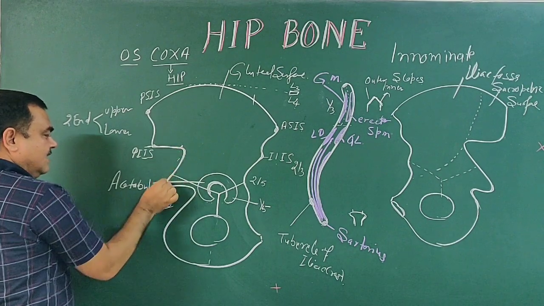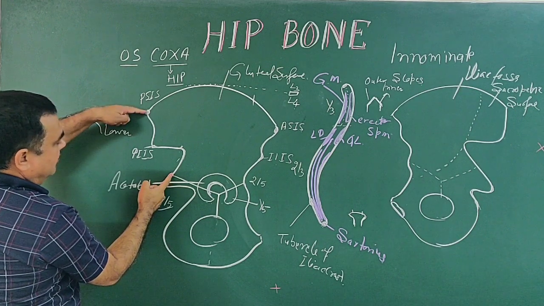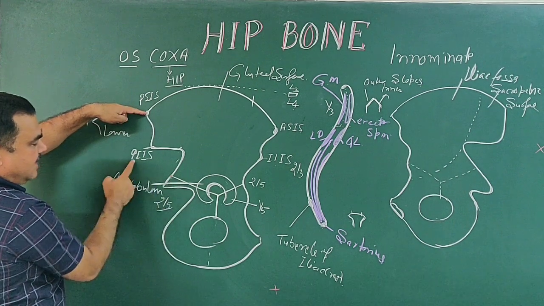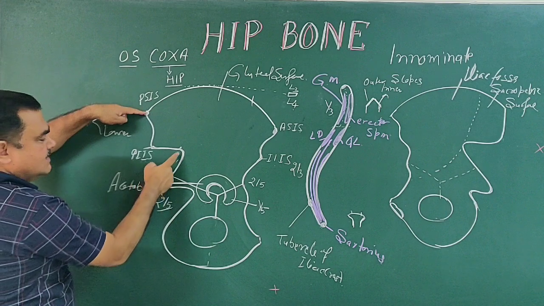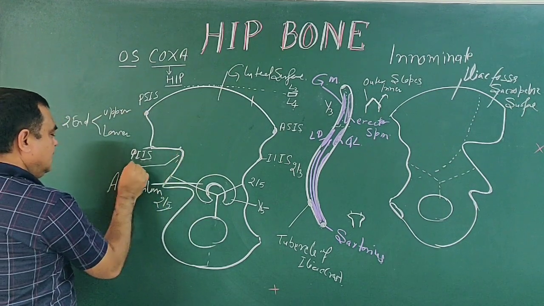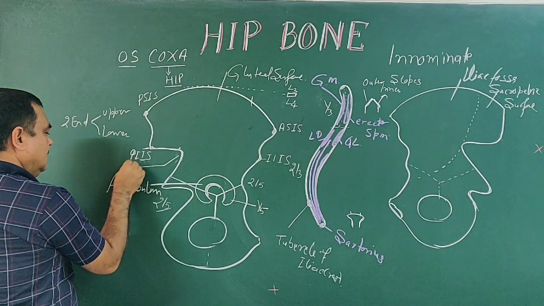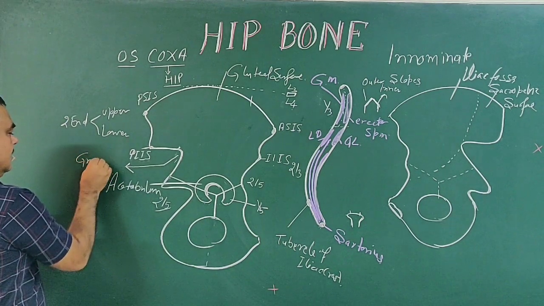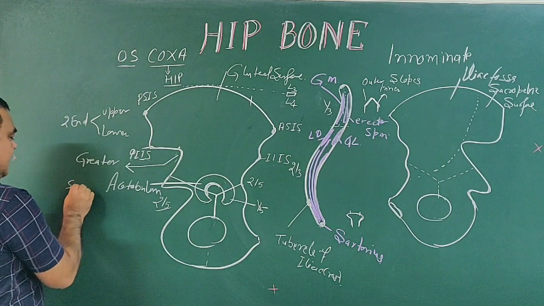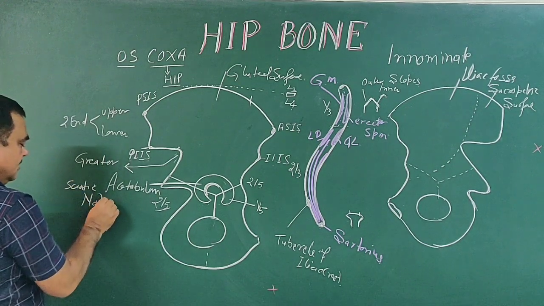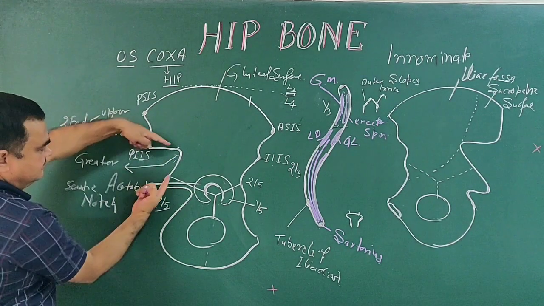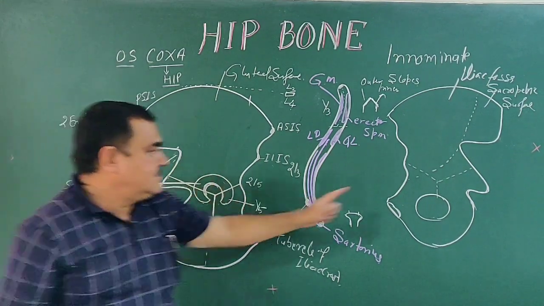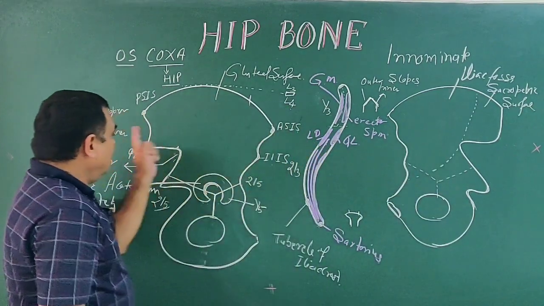This posterior border extends from here to here, and has the posterior inferior iliac spine and also this notch, the greater sciatic notch. So, anterior border, posterior border.